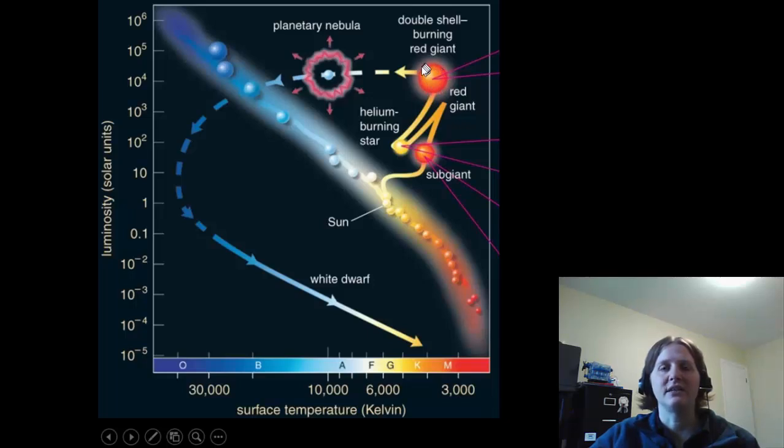And then those gases get so much energy that the outer layers of the star just poof away, and it'll basically hop from being a double shell burning star down to a white dwarf. And your white dwarf is going to start off as bright as it can be, pretty darn blue, glowing mostly in the ultraviolet, but over time it cools and gets dimmer. At some point you could call it a black dwarf, but why bother?